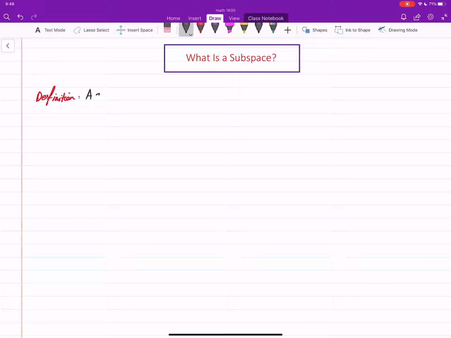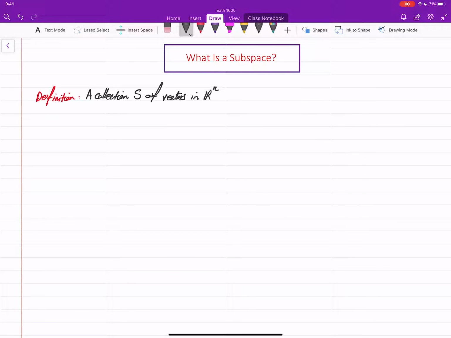So a collection S of vectors in Rn. You pick a bunch of vectors in Rn, put them together.